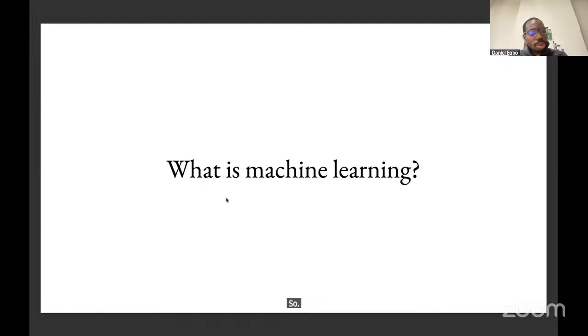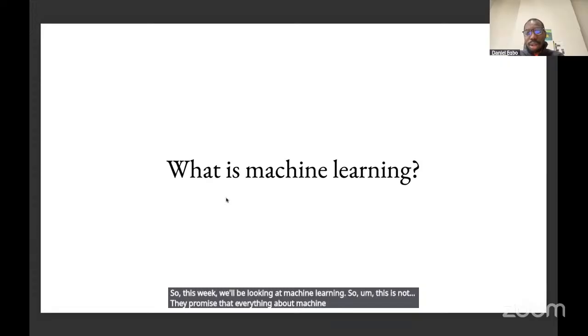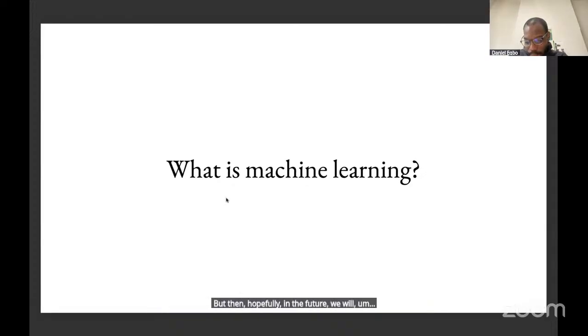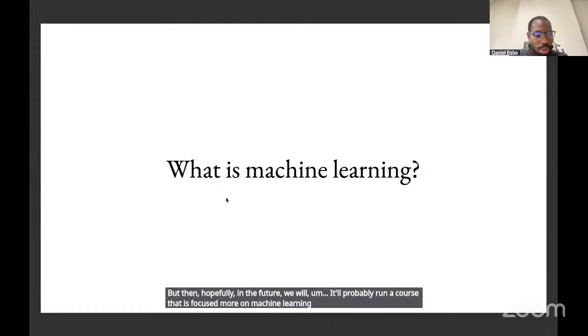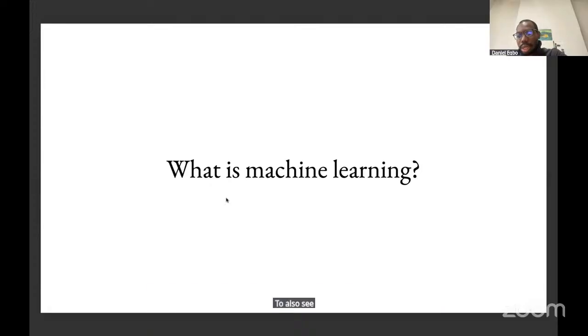So this week we'll be looking at machine learning. This is not a promise that everything about machine learning will be taught here, because this course is not specifically for machine learning. But hopefully in the future we'll run a course that is focused more on machine learning. This is just to give you introductory concepts on what machine learning is for those who don't know, or for those who know, to also see how it is applicable in sciences, astronomy in particular.